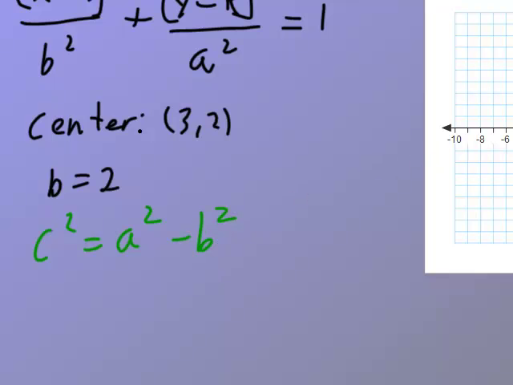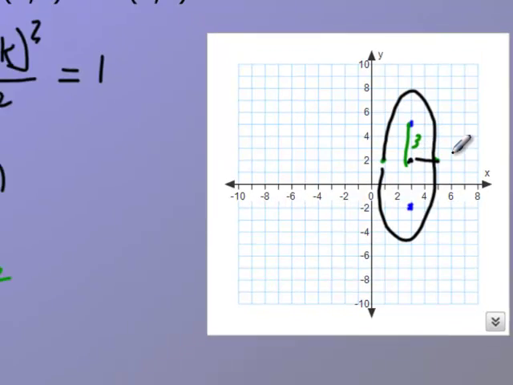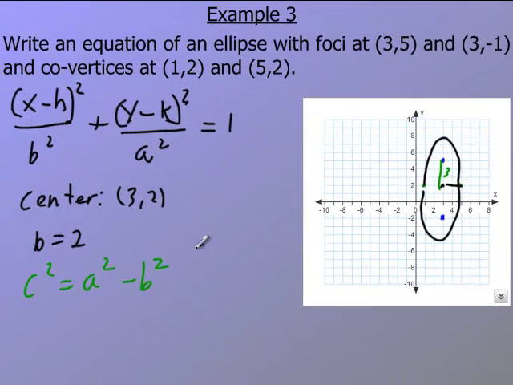So again, I can either use the distance formula in this case, or the midpoint formula, or we could look at the graph. So in this case, it looks like it'll be a distance of 3. Okay, so again, it's easy to graph, and we can kind of look at it that way. So I have a distance of 3, so c in this case is going to be 3.